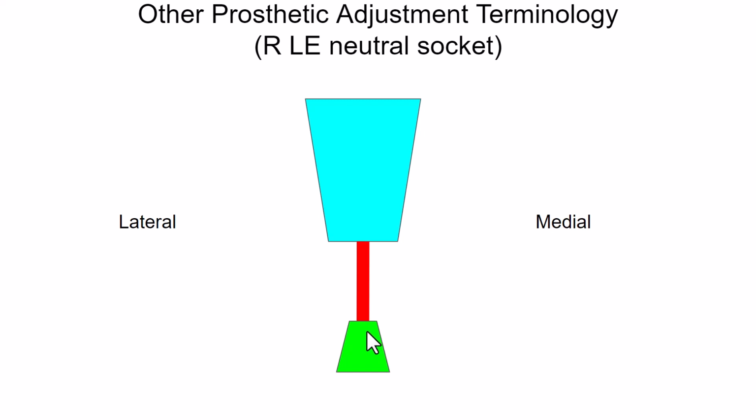Okay, so let's say this is an anterior view of the right lower extremity, and this would be considered a neutral socket, since the socket is aligned right over the pylon, which is aligned right over the middle of the foot. If this is a right lower extremity, that makes this side medial and this side lateral.